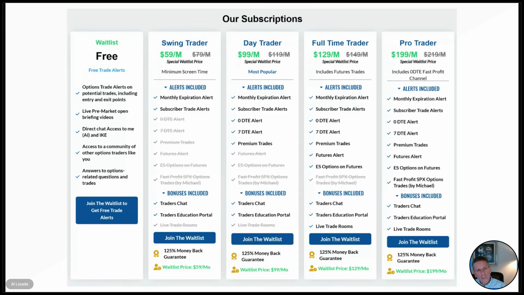And so the paid subscriptions are the 59 plan, the 99 plan, the 129 plan, and the 199 plan. All of these subscriptions have a tiered approach. For the 59 plan, we have the monthly expiration and the subscriber trades.